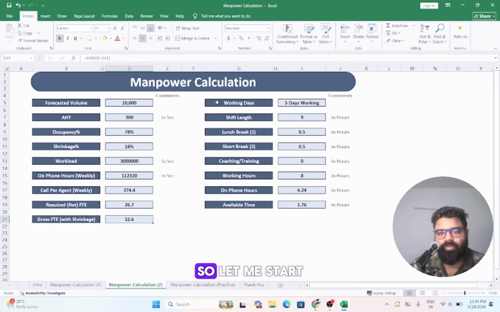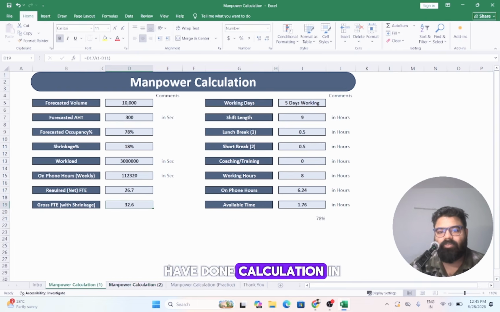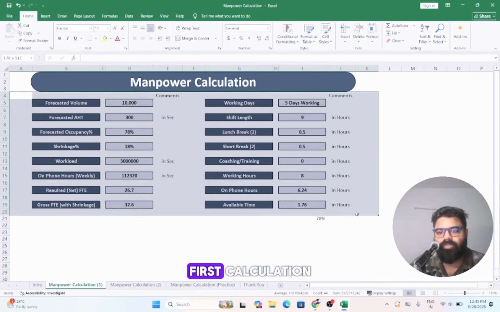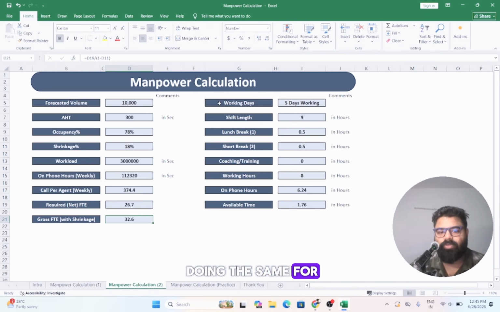So let me start with this part first, because everything will remain the same. The way we did the calculation in the first calculation, similarly we will do the same for calculation 2.